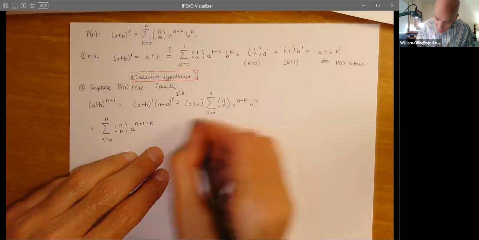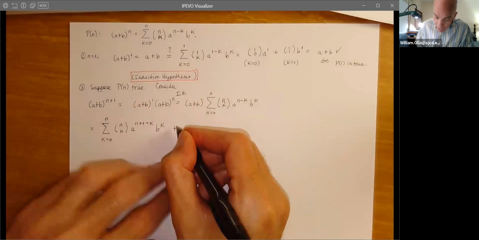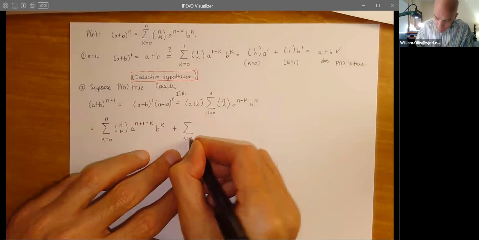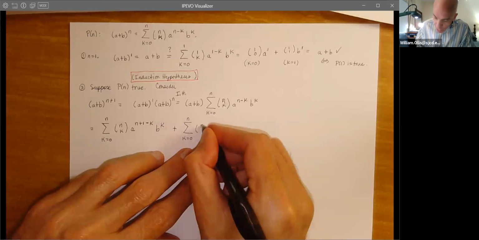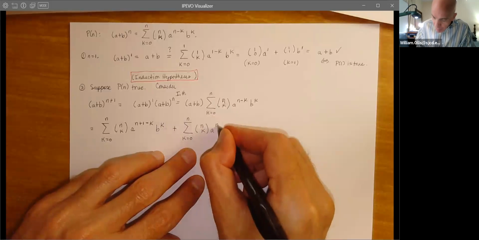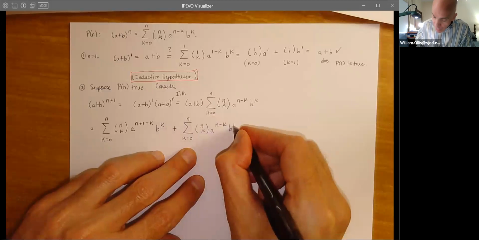And then, of course, that gives us b to the k. Then plus, now let's multiply by b. K equals 0 up to n, and then n choose k, a to the n minus k, and now we've got an additional copy of b, so that's k plus 1.